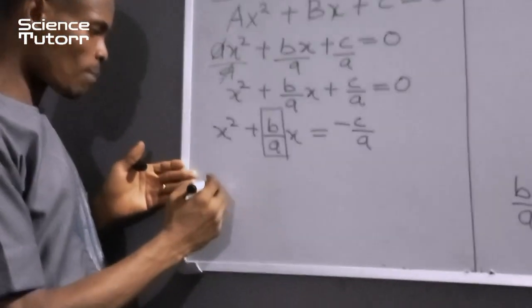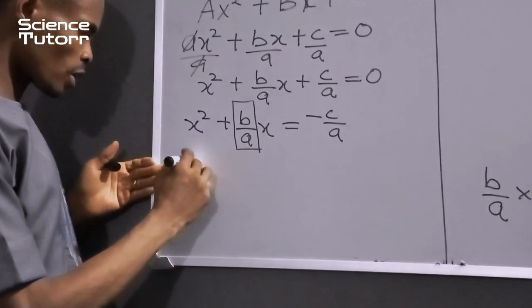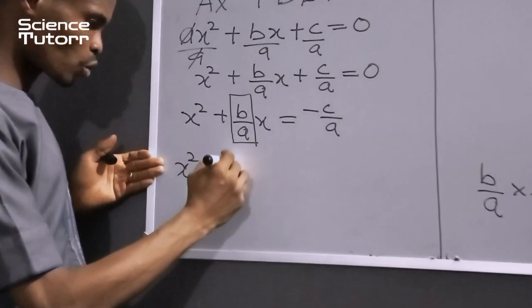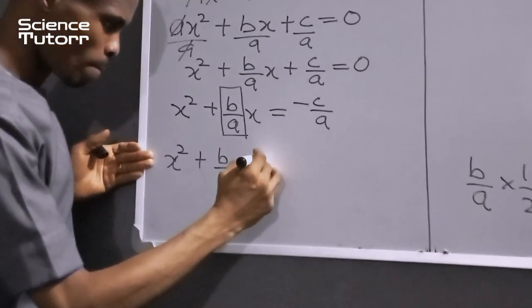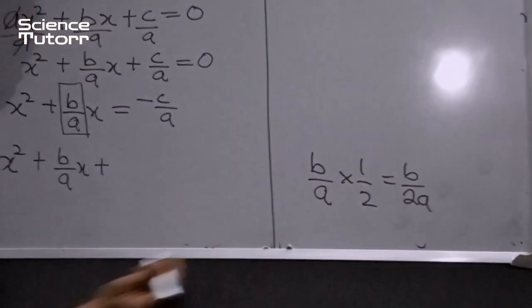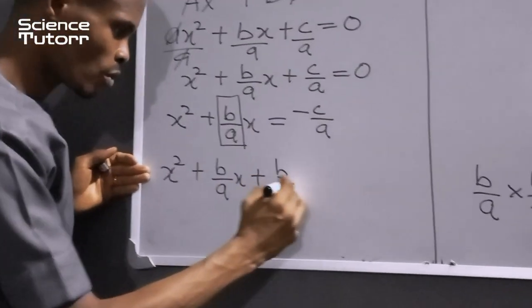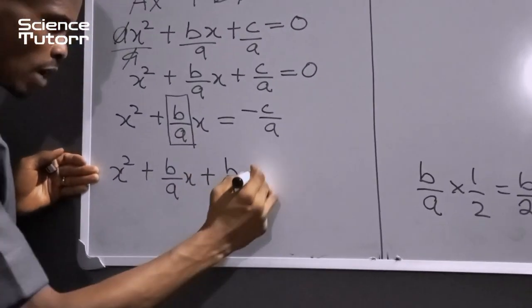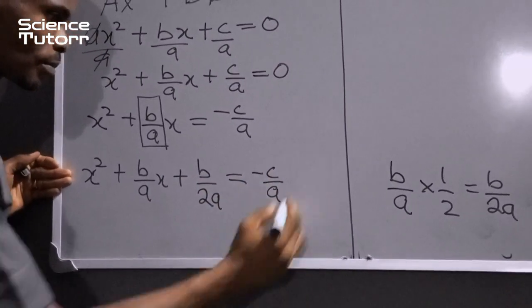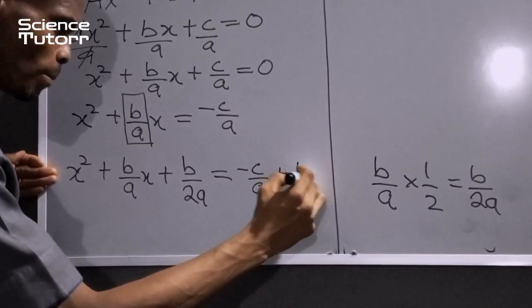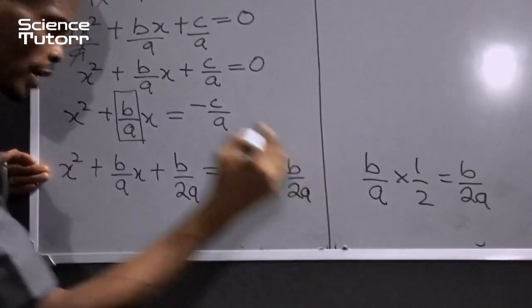So this is what it will amount to. I will have x squared plus b over a x plus half the coefficient of x, which gives me b over 2a. I'll do the same on the other side, minus c over a plus b over 2a.